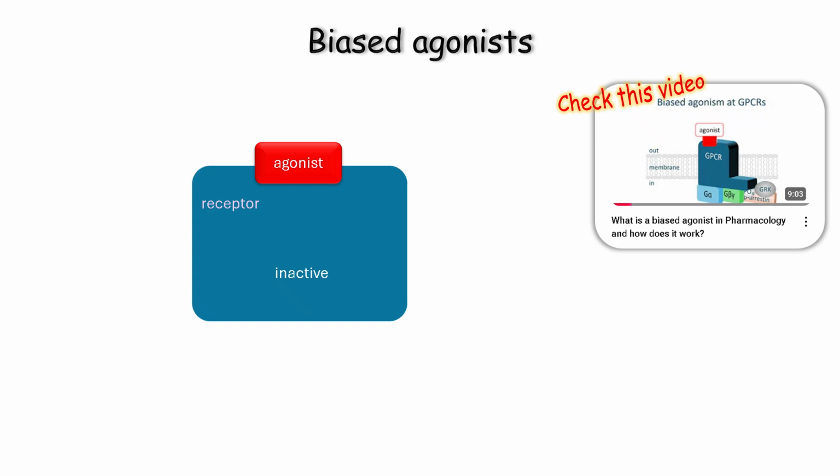But when some agonists bind to the receptor, they have a different effect on the receptor's conformation or shape. That results in only one of the signaling pathways being activated, leading to a different response in the cell.